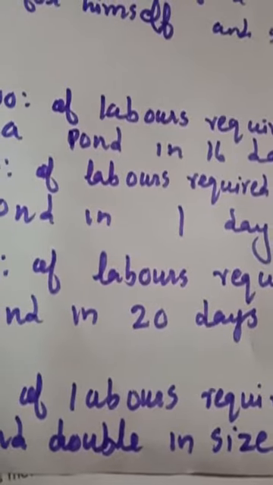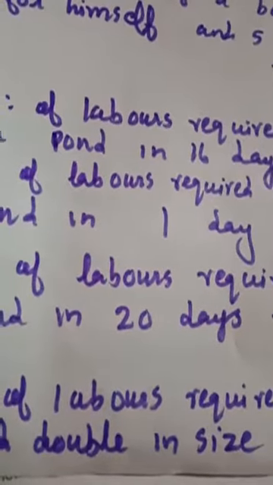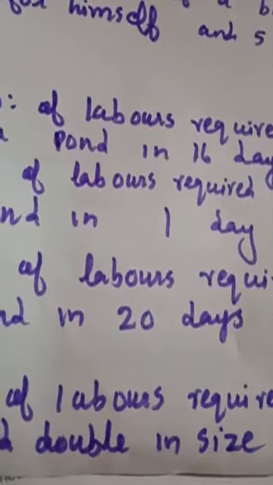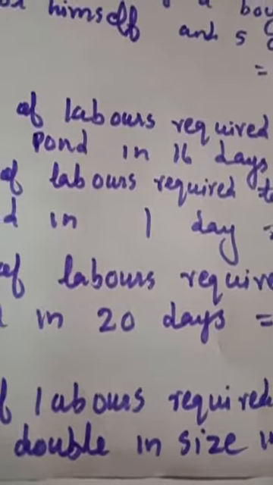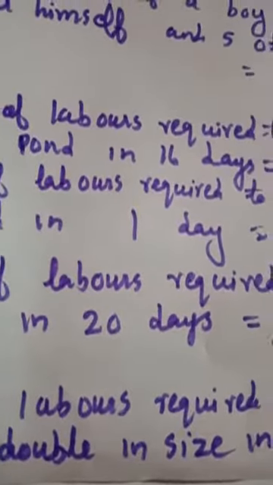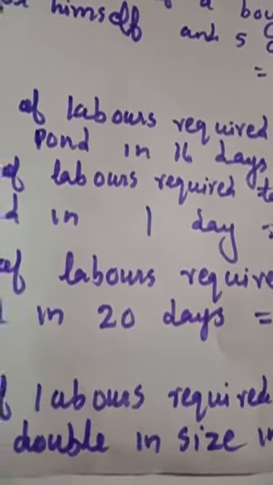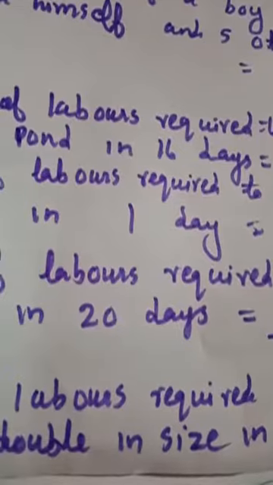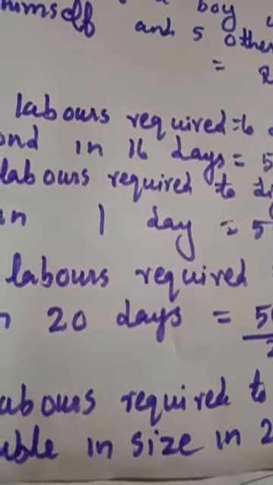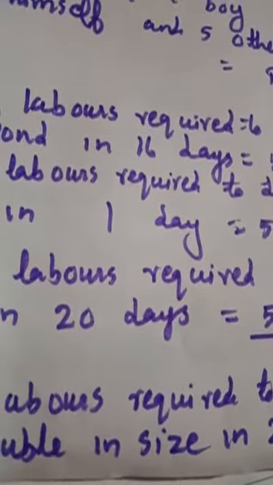The number of laborers is only 50. They need to dig the pond in 16 days. But they want to complete in 1 day, which means we need more laborers to finish the work in 1 day. So inverse variation. So how to find one quantity? By multiplication, not division.